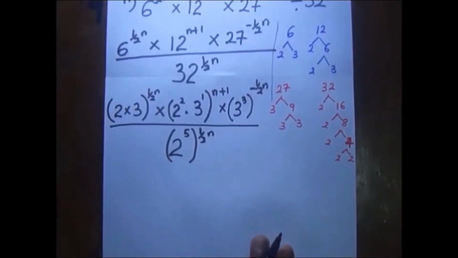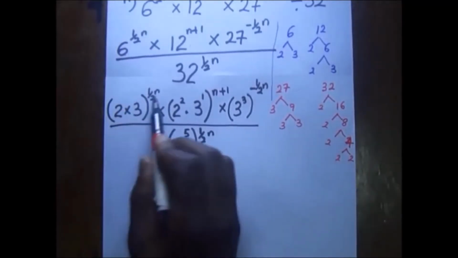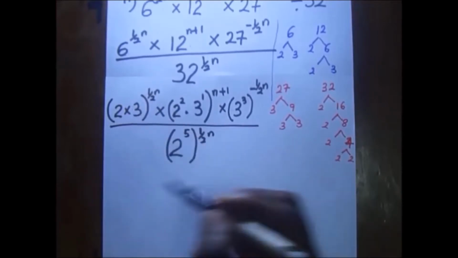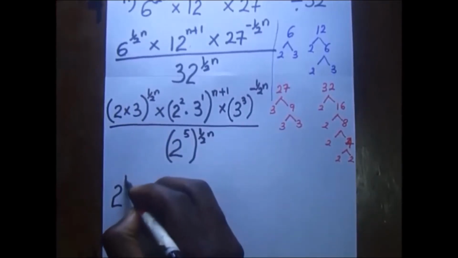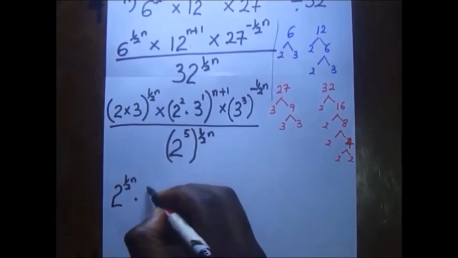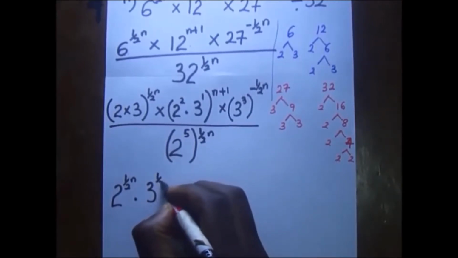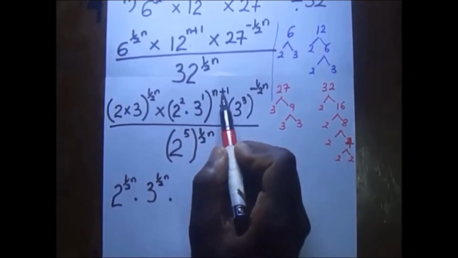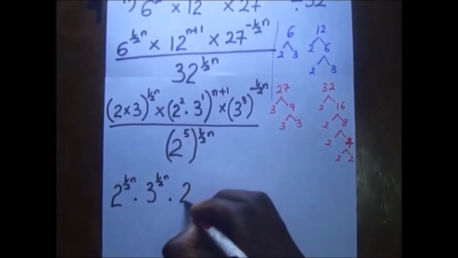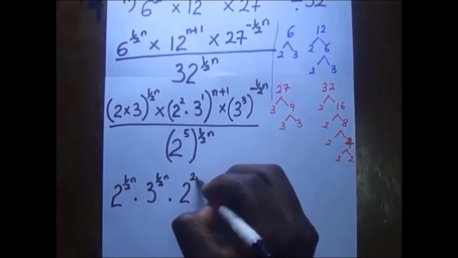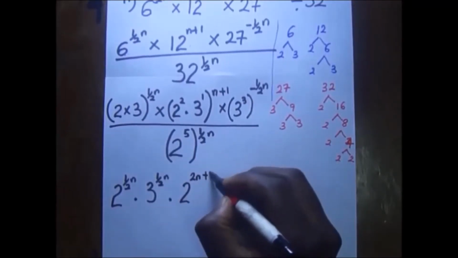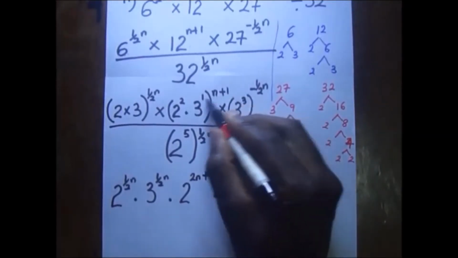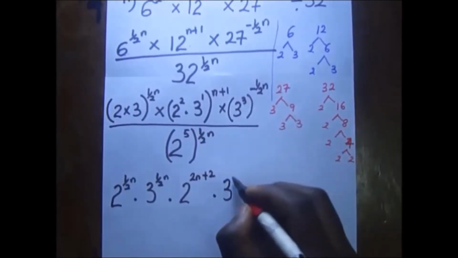So we continue with our simplification. The half n multiplies each power, so we get 2 to the power half n times 3 to the power half n, times 2 to the power 2n plus 2 times 3 to the power n plus 1, because 1 times that is n plus 1.